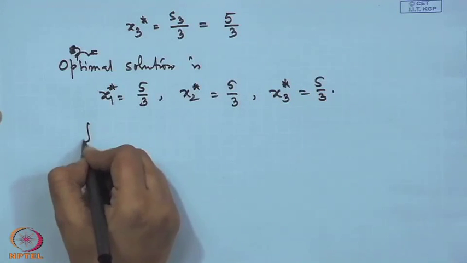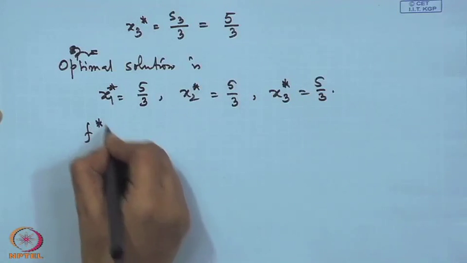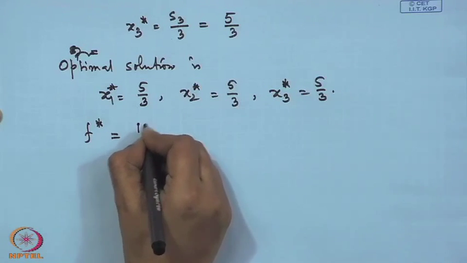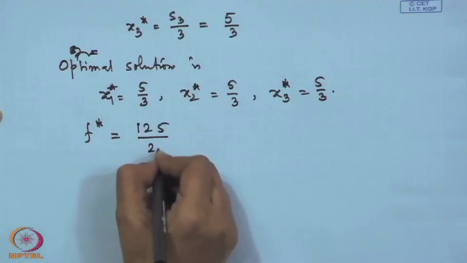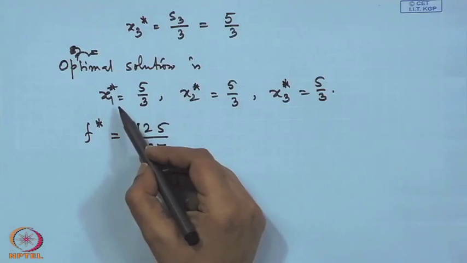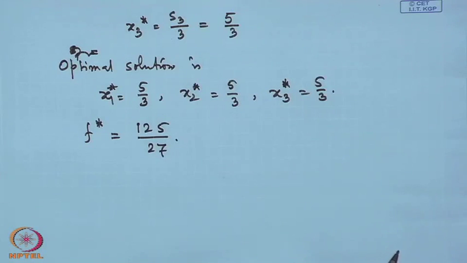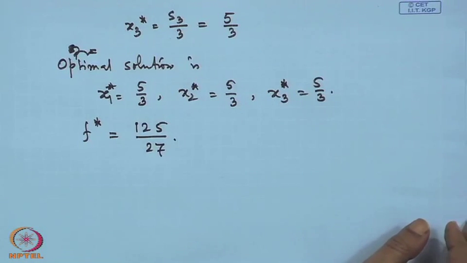With the objective function, that is f star, it is equal to this value, because the value is x1, x2 and x3. That is all about the model I wanted to say for the problem of the single additive constraint and multiplicative return, and we have applied the dynamic programming technique.